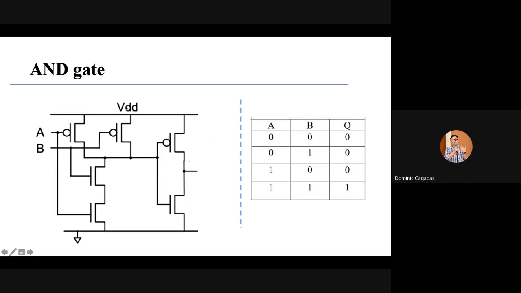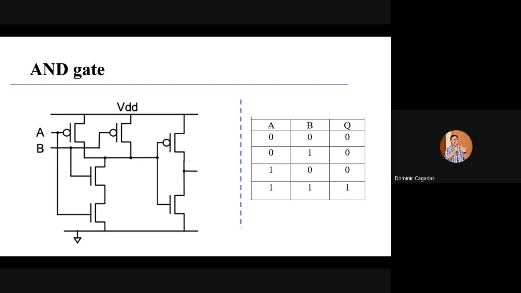Okay. Last case. Inputs A and B are high. So both PMOS here are turned off and both NMOS are on. Both PMOS connected to your VDD are off. Therefore, the output of the NAND is low.